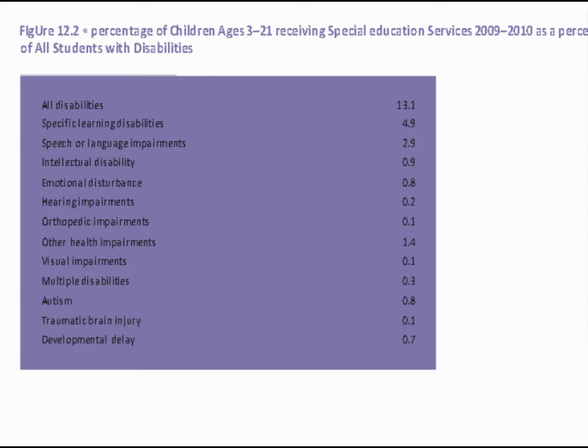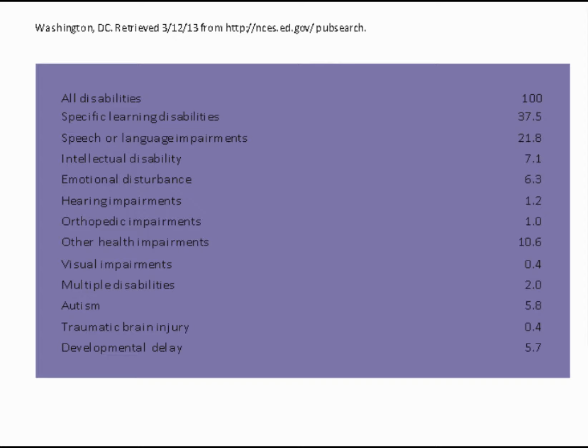Autism is 0.8. So it goes along pretty much right there with emotional disturbance and intellectual disabilities. Traumatic brain injury is 0.1, and then developmentally delayed, which we usually use with preschool kids, and they will either go into the autism or otherwise health impaired category, because we don't want to really label them when they're that young.